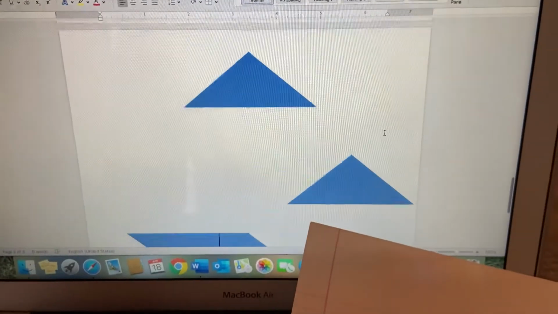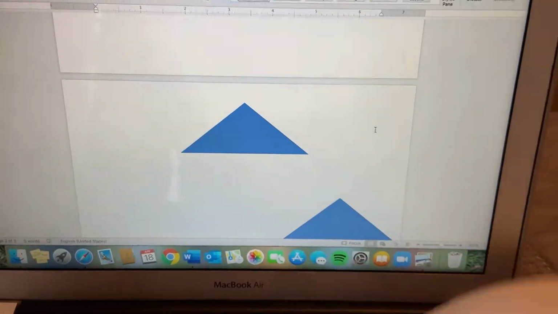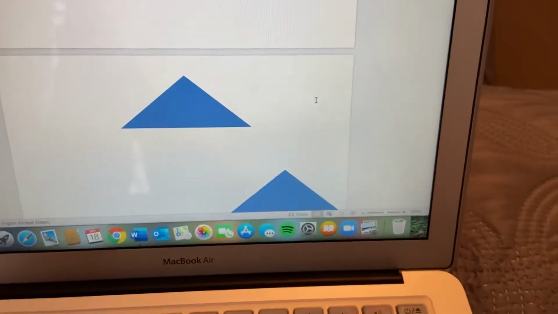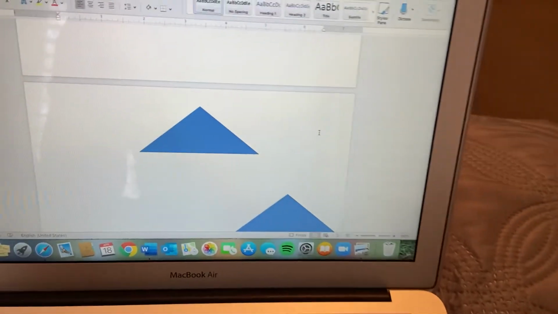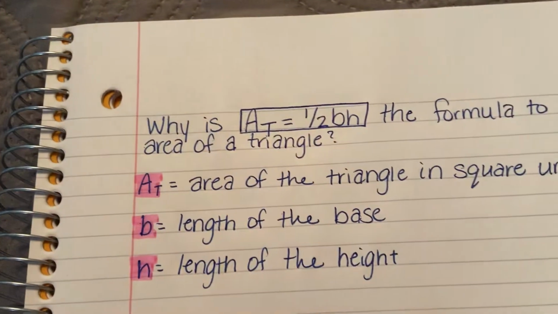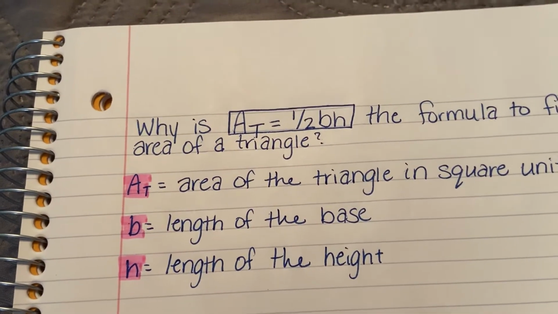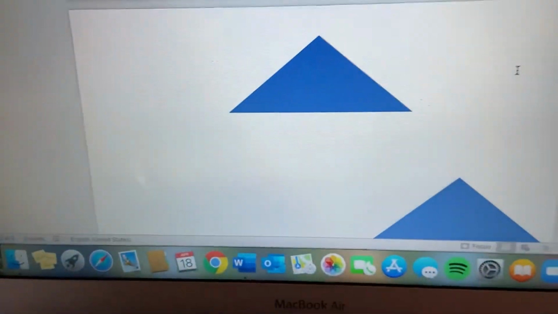So first off, we are going to take this triangle and try and turn it into a parallelogram, because as we discovered, this formula says that 1/2 of base times height, which is 1/2 of a parallelogram's area.